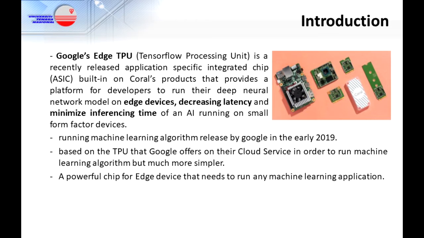For the introduction of Edge TPU, Google Edge TPU is a recently released application-specific integrated chip built into Coral products that provides a platform for developers to run their deep neural network model on edge devices, decreasing latency and minimizing inferencing times of an AI running on small form factor devices.